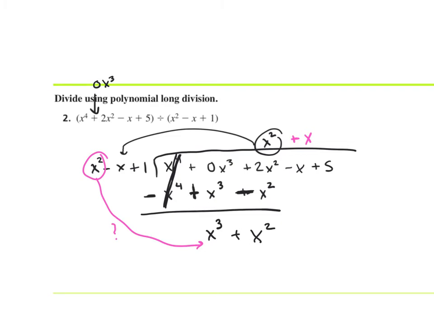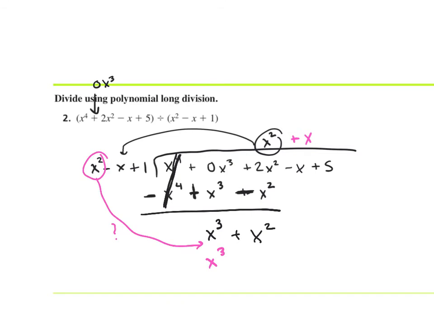What do we do next? Multiply. So we multiply the top and outside. So what is x times x squared? X cubed.